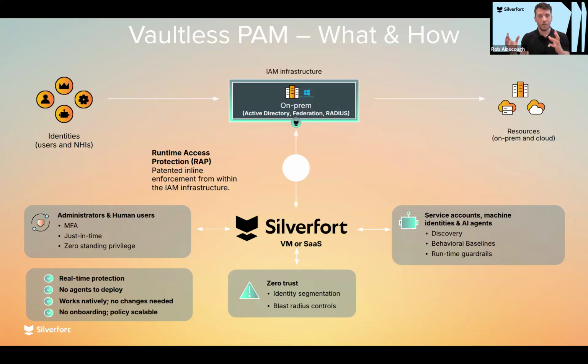So I haven't changed anything as an admin about how I've worked, but I've added that protection layer into Active Directory behind the authentication. In the same way we can do it with just in time, we can level up to just in time. A lot of people were thinking about zero standing privilege as part of their privileged access strategy, and it's a really good way to do that.